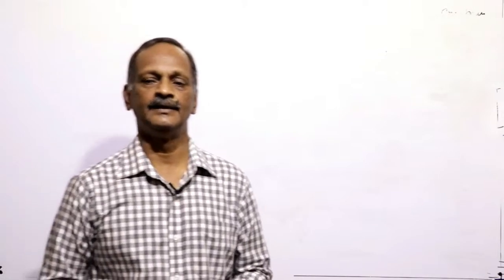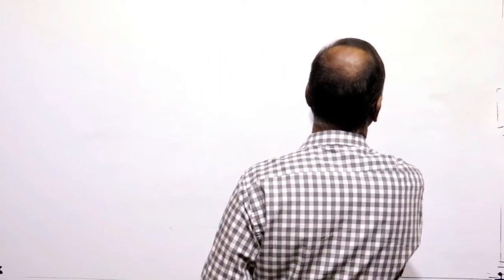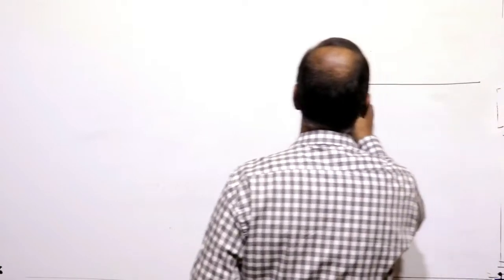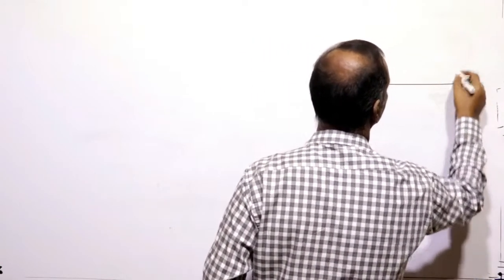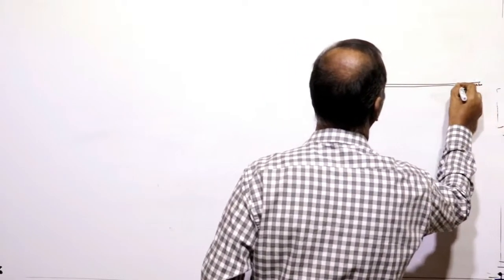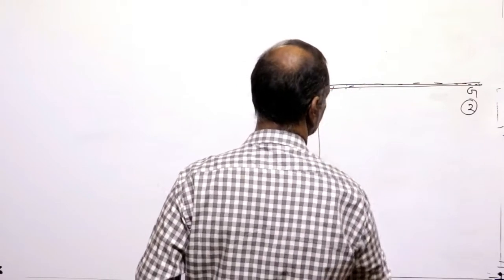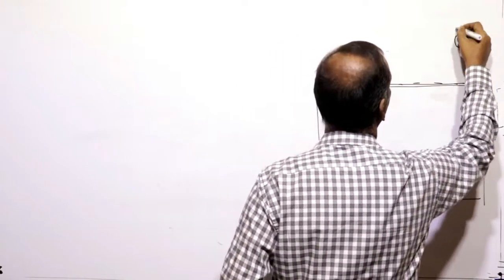Behavior of light at the interface of two media. What is an interface? So this is a medium, say glass, medium 2, and this is air, medium 1.